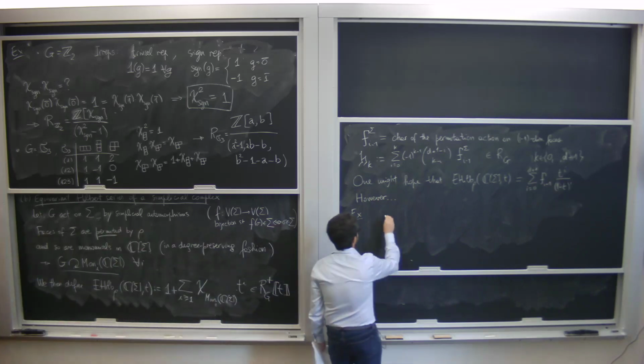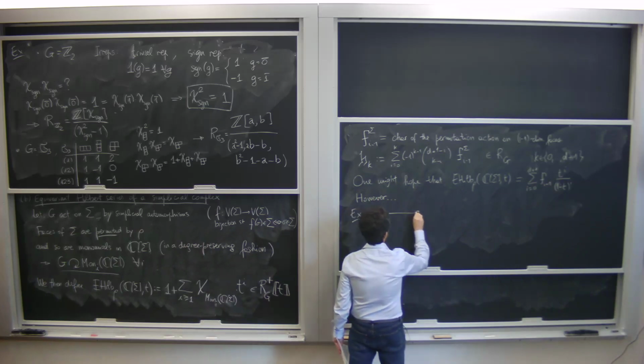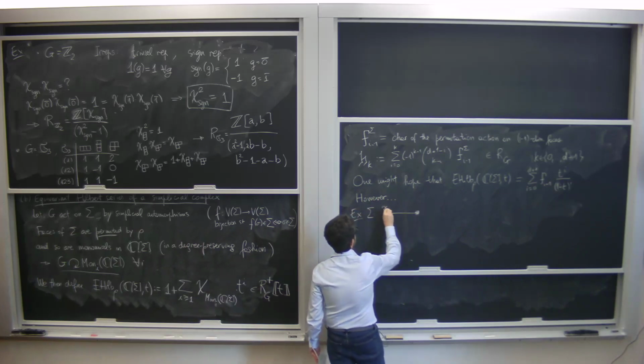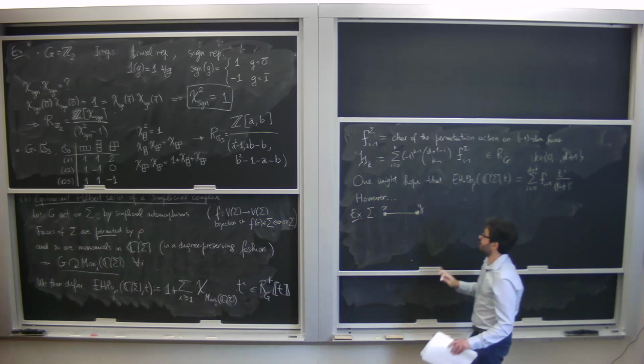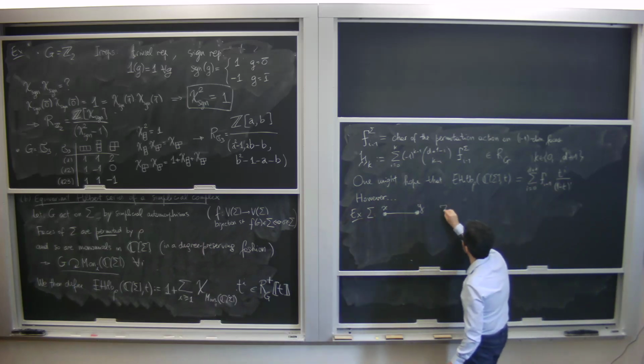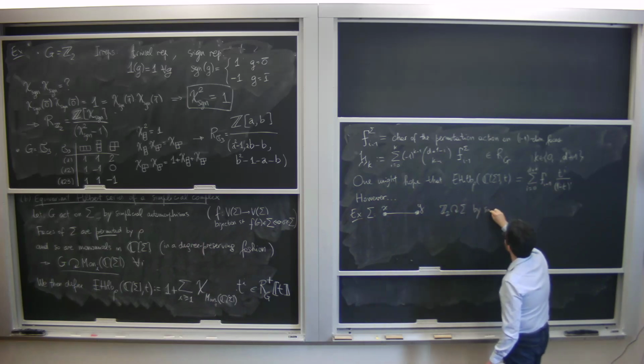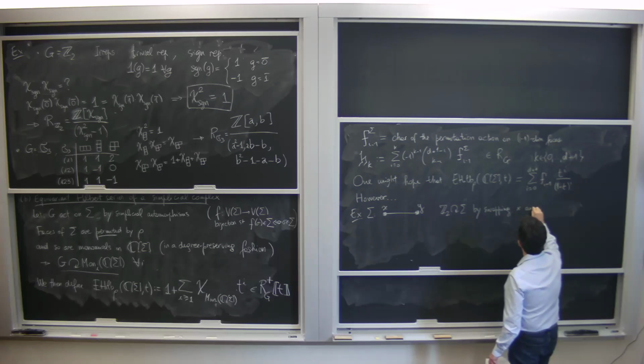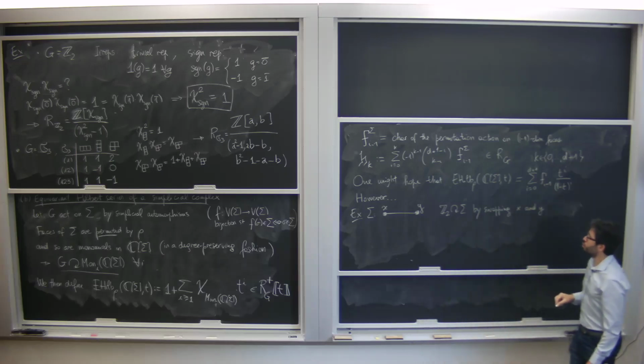So if you want an example where this does not work, just think of this. Just take a segment and act on the segment by just swapping x and y. So what's weird here?